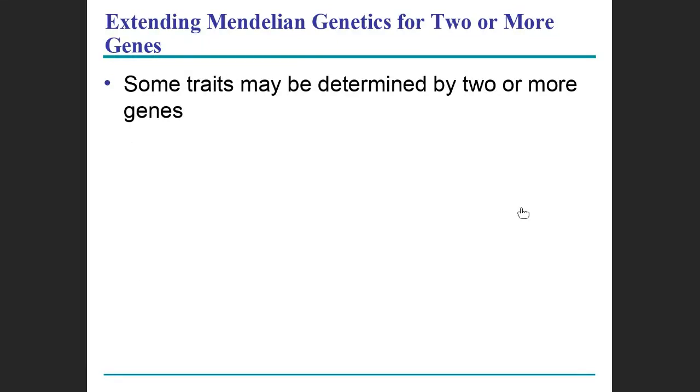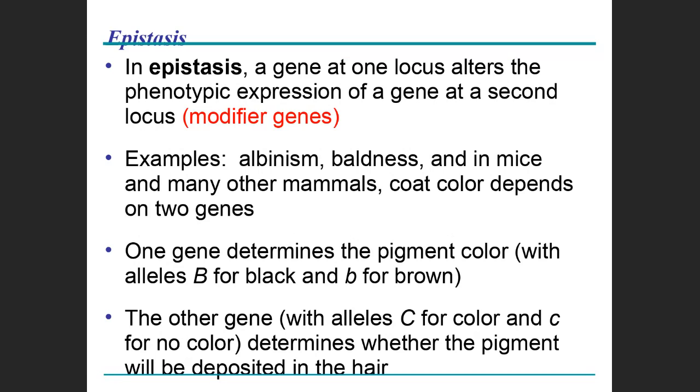Some traits are determined by two or more genes. And of course, those two or more genes have two or more alleles. Now, epistasis is when a gene at one locus, so at one location on a chromosome, alters the phenotypic expression of a gene at a second location or second locus.